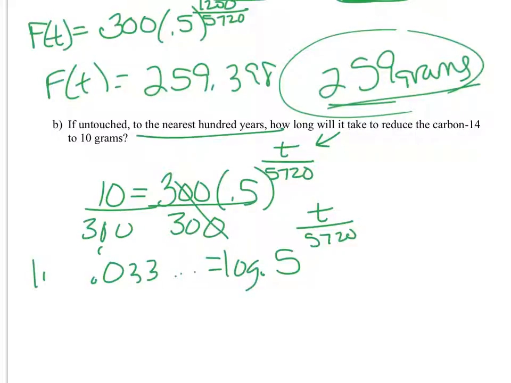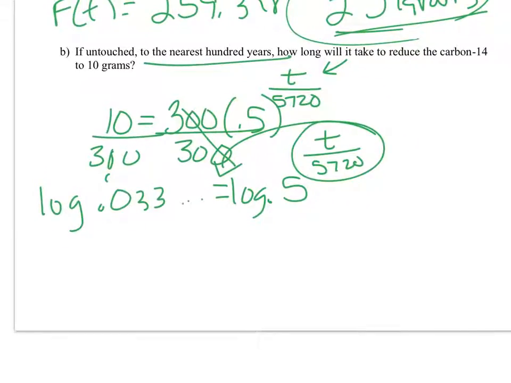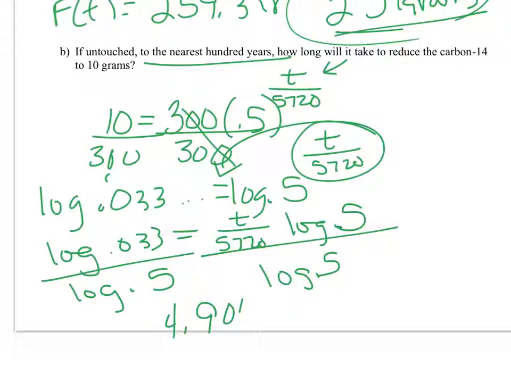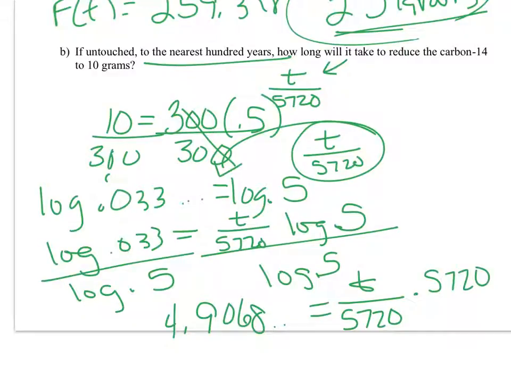Log both sides. This thing comes out in front. And we're left with t over 5,720. So we'll divide by the log of 0.5. And it's like 4.9068, etc. Just leave it in your calculator. So to get rid of the 5,720, I'm going to multiply.